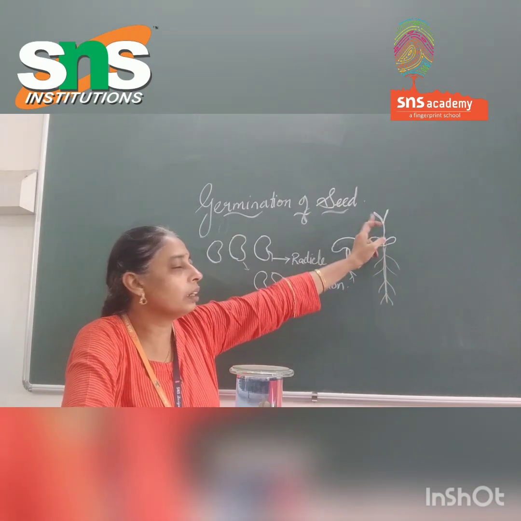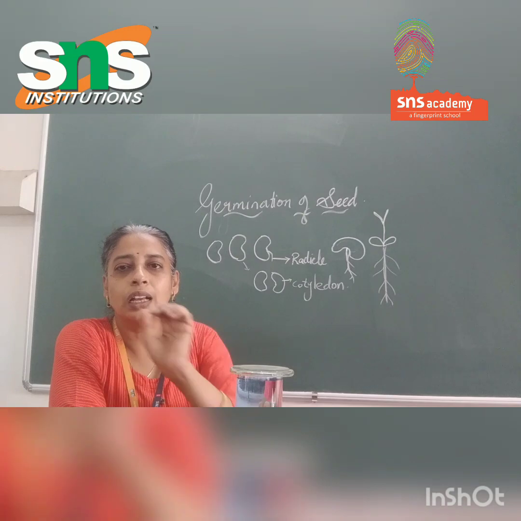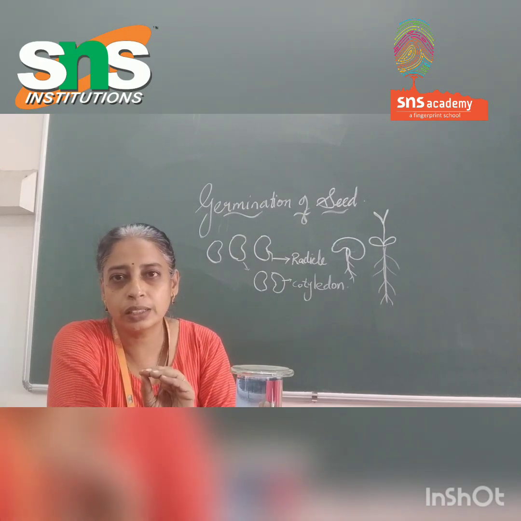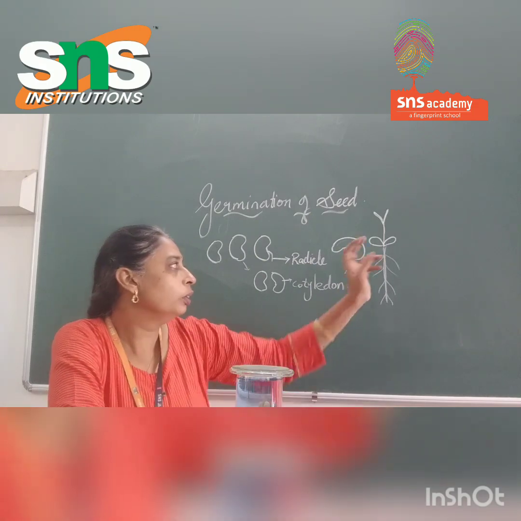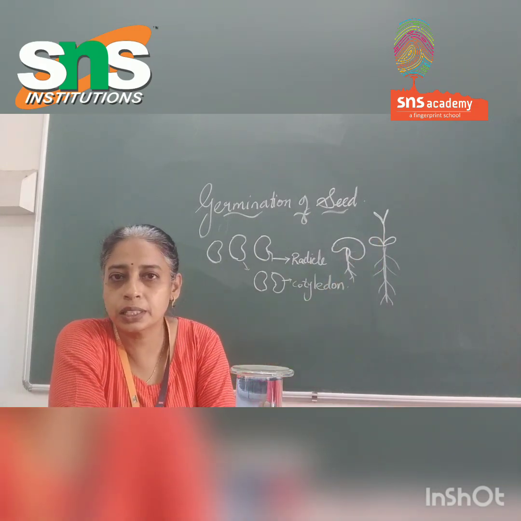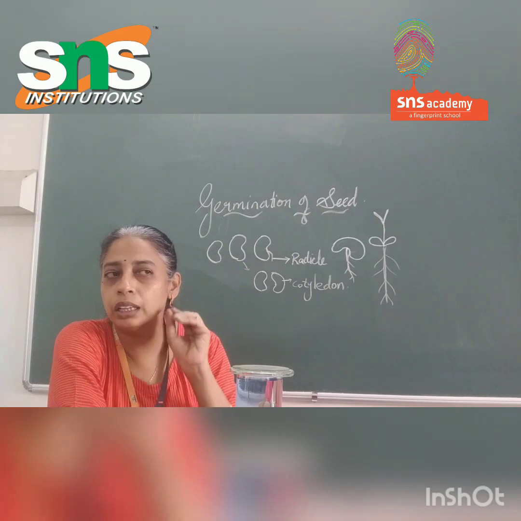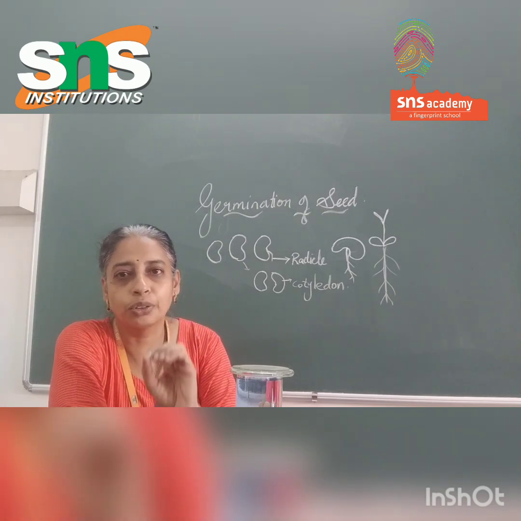Until the plant grows, until it starts preparing its own food, that is until the correct leaves are formed, the nutrients which are present in the cotyledons are giving the nutrition to the plant to grow.